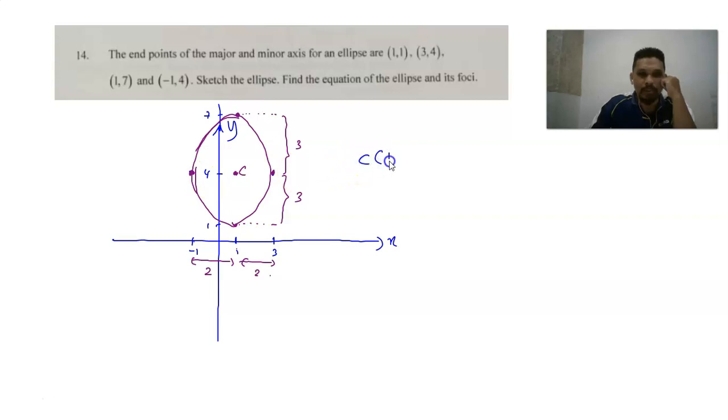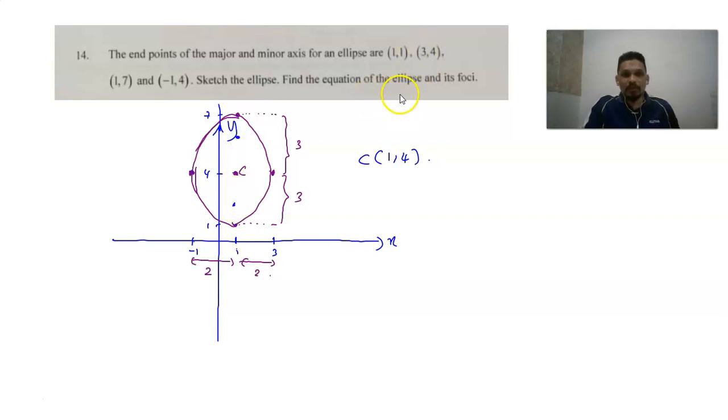The center here is (1, 4). So the major axis here is y. It's a vertical axis, since from C to this point is 3, C to this point here is 3, C to this point here is only 2, and C to this point is also 2. So it's a vertical axis, so the focus is somewhere around here.